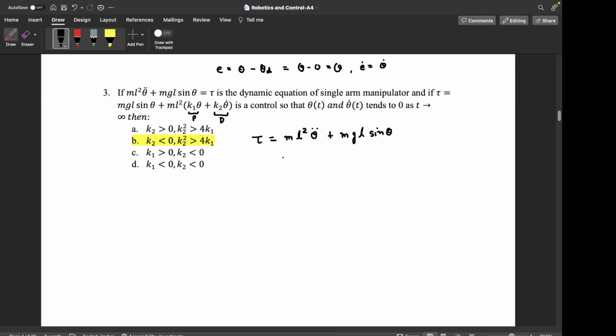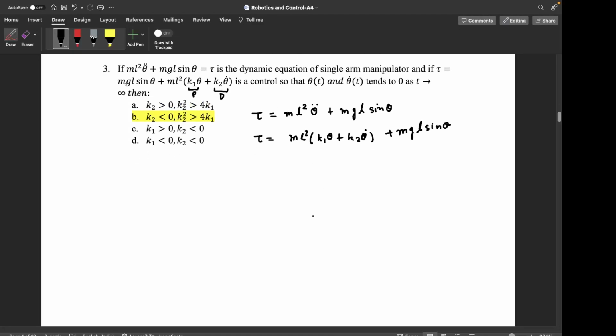This is the expression, and after applying control, this is ml square times k1 theta plus k2 theta dot, plus mgl sin theta.